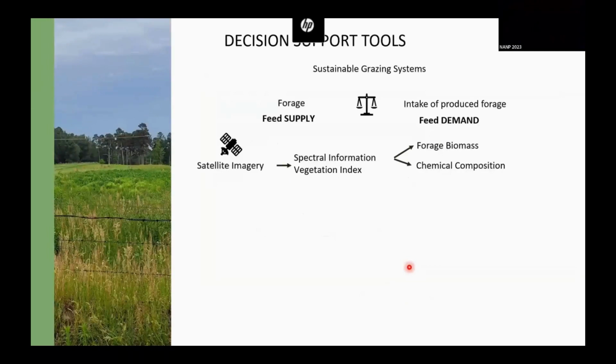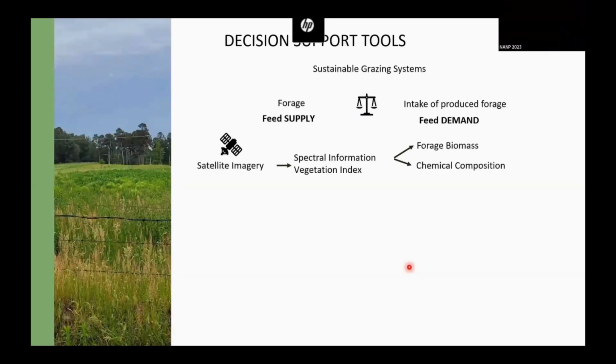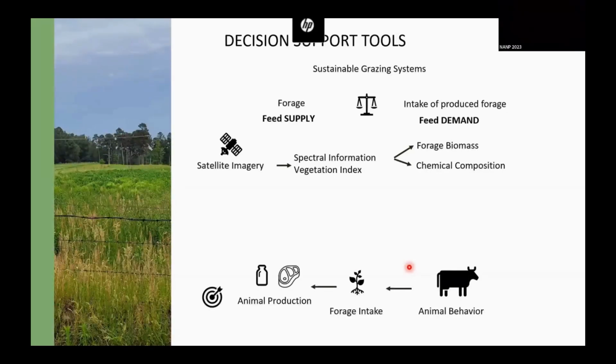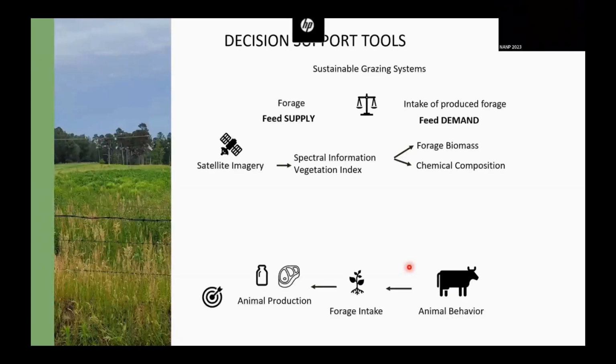In terms of agriculture, this would end here because the end product of soybean, or corn, etc., is the plant. However, in livestock production systems, the forage is just one part of the equation. The forage is related to the feed supply.